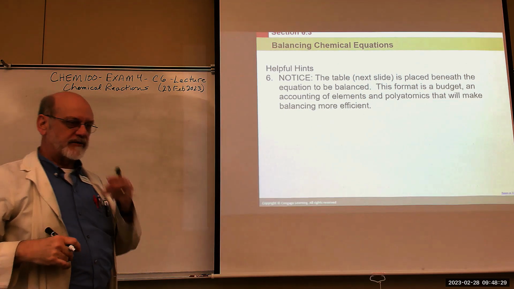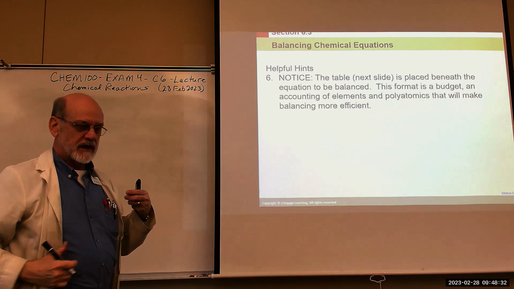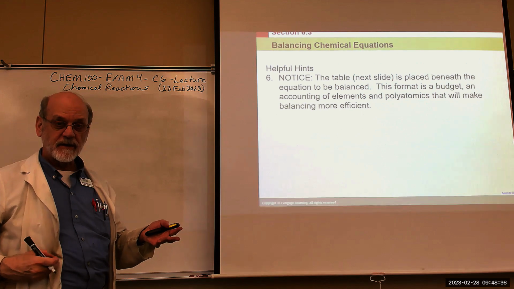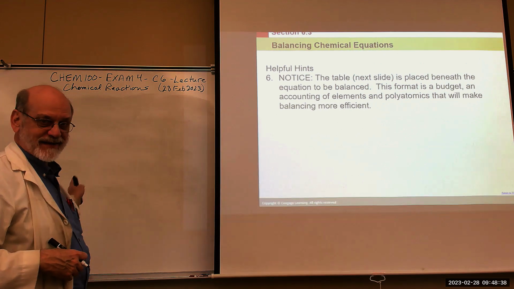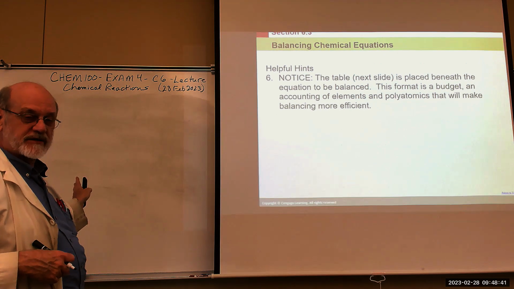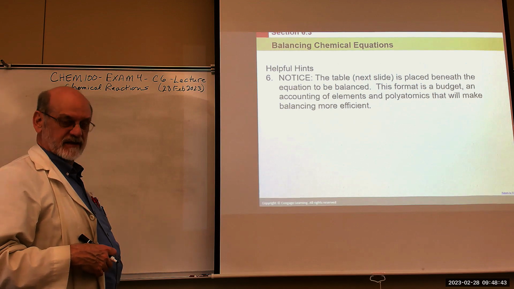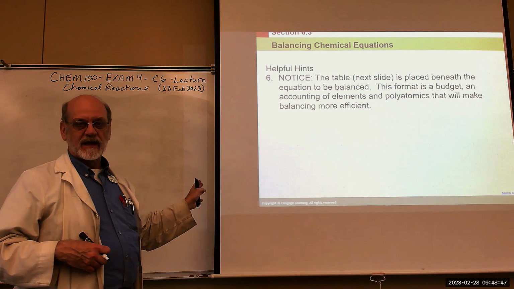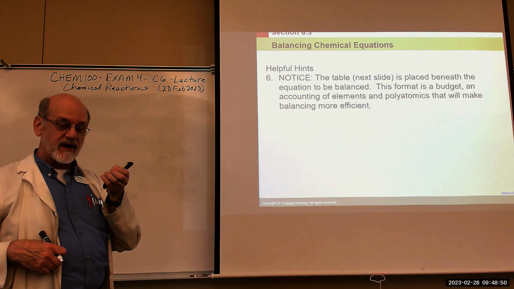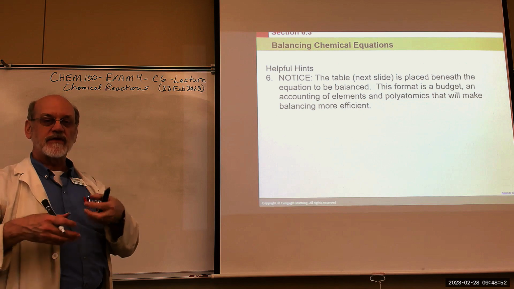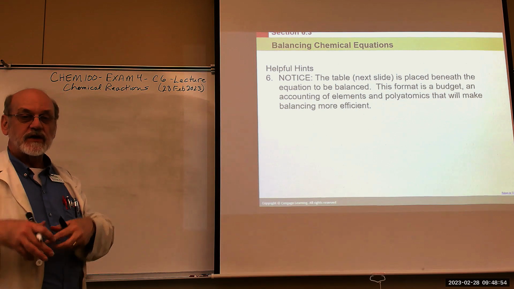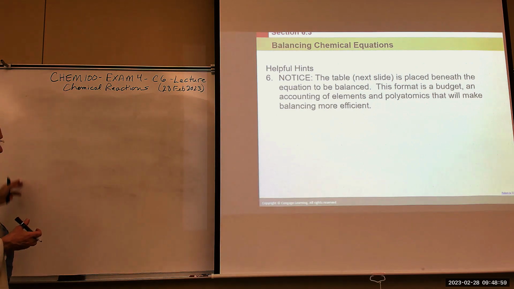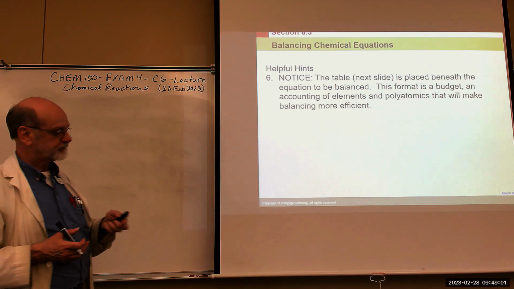If you have compounds that are composed of one or more polyatomic ions on the reactant side, and the polyatomic ion is intact on the product side, it has not been broken apart, then you can use that polyatomic ion as a balancing unit. Rather than write the individual elements, you write the polyatomic ion as one of your factors for your budget.